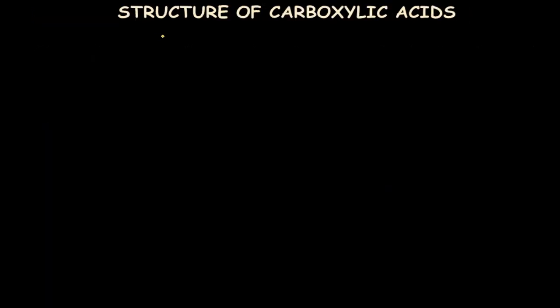Let's start with the structures of a few carboxylic acids, but let's understand here that we have seen the general formula is CnH2n+1 COOH. Now we'll understand how we can apply this formula to find out the molecular and structural formula of carboxylic acids.